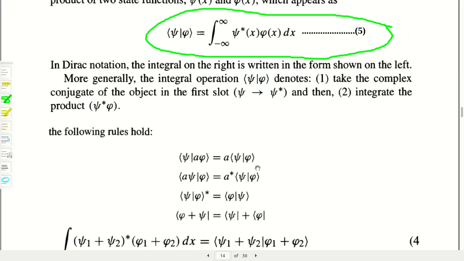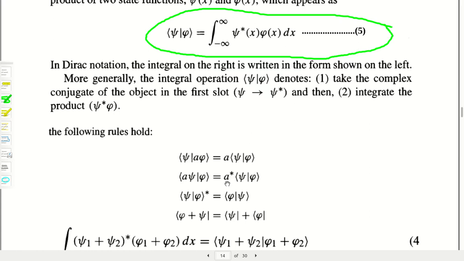And if the scalar is in the Bra, then multiply psi by a, which will be reflected by a star psi star in the integration. So a star will come out of the integration.